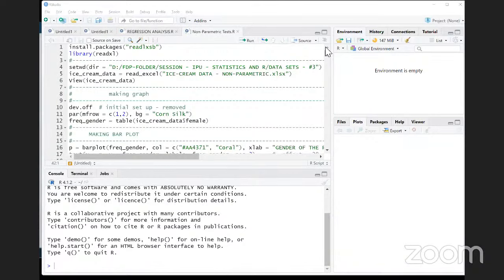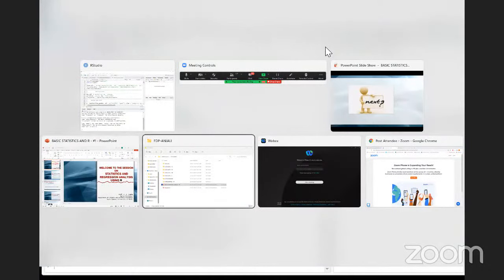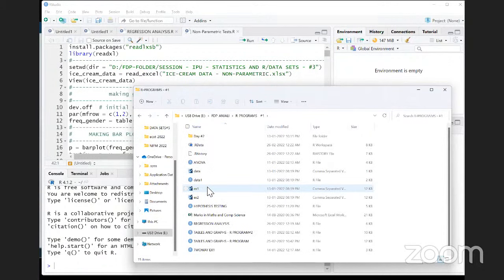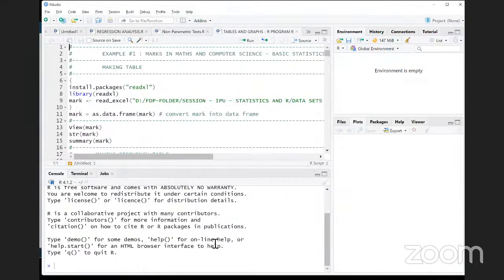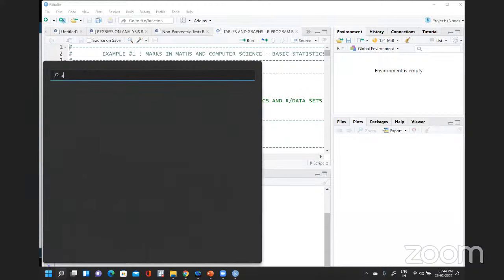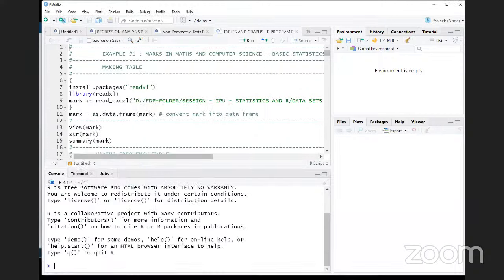Okay, let me open up a file. To begin with, we have to open up a file.